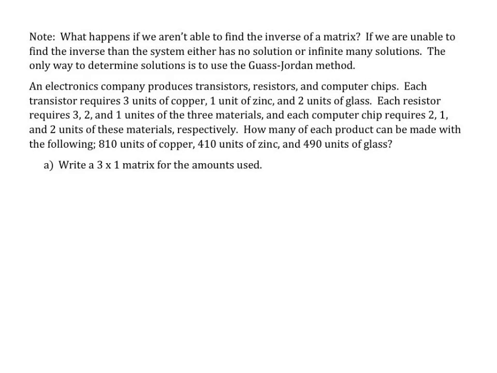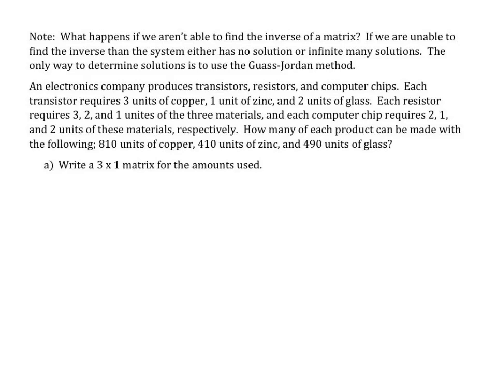Each transistor requires 3 units of copper, 1 unit of zinc, 2 units of glass. Each resistor requires 3, 2, and 1 units of the 3 materials, and each computer chip requires 2, 1, and 2 units of these materials, respectively. How many of each product can be made with the following? 810 units of copper, 410 units of zinc, and 490 units of glass.